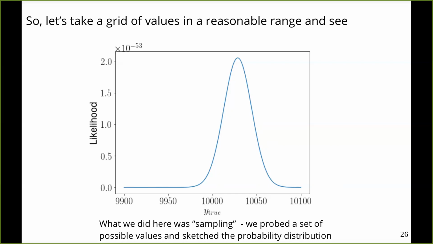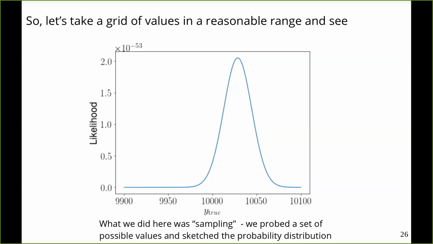I see literally the probability density function, and I see how likely or unlikely some solutions are. So here I can pretty safely say that the true value is not 9,900, and I can say that 10,030 is more probable than 10,000, but I can't rule out 10,000 completely.